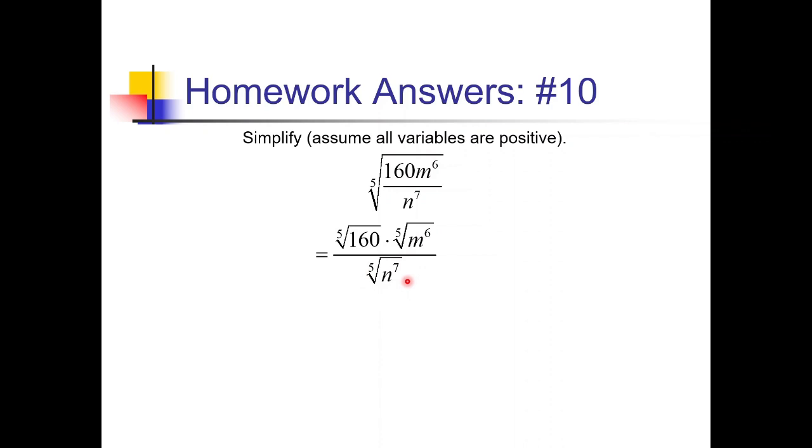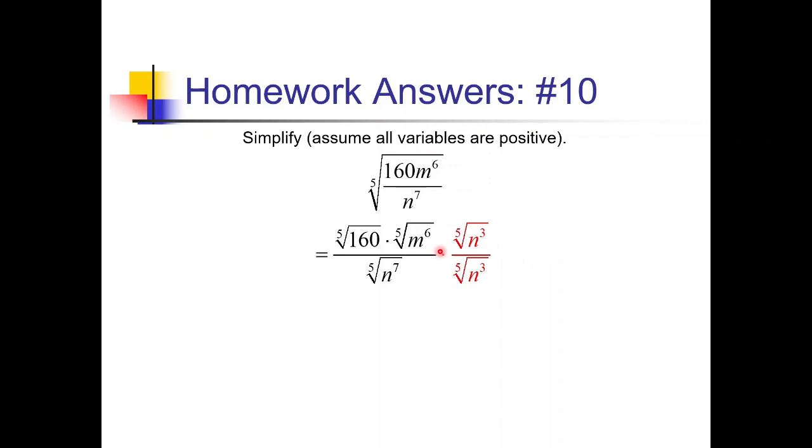The lowest fifth power that's higher than n to the 7th is going to be n to the next multiple of 5, so that's going to be n to the 10th. To get n to the 10th down here, I would need to multiply by the fifth root of n cubed over the fifth root of n cubed. I have to do the same on the top and bottom because this is really just multiplying by 1, believe it or not. So now that I've done this, I'm going to split things up a little bit.